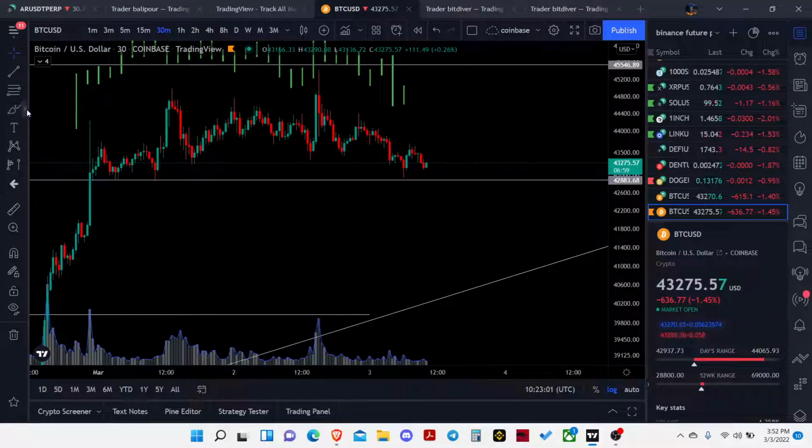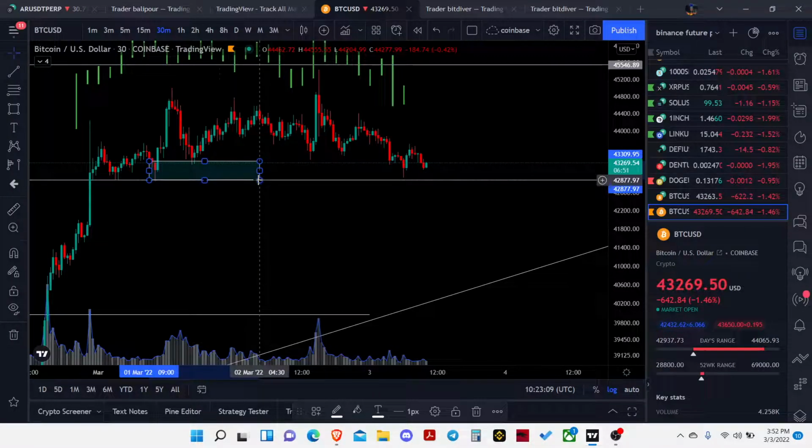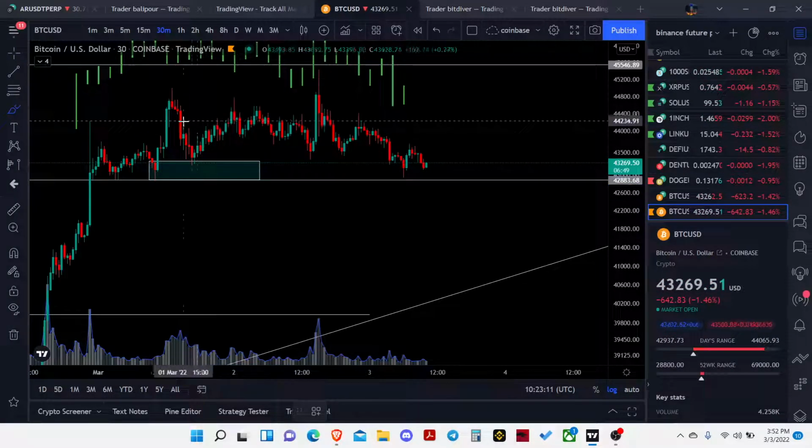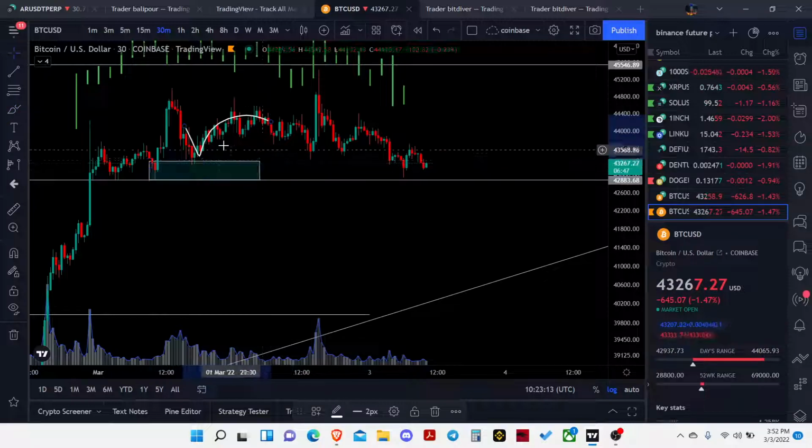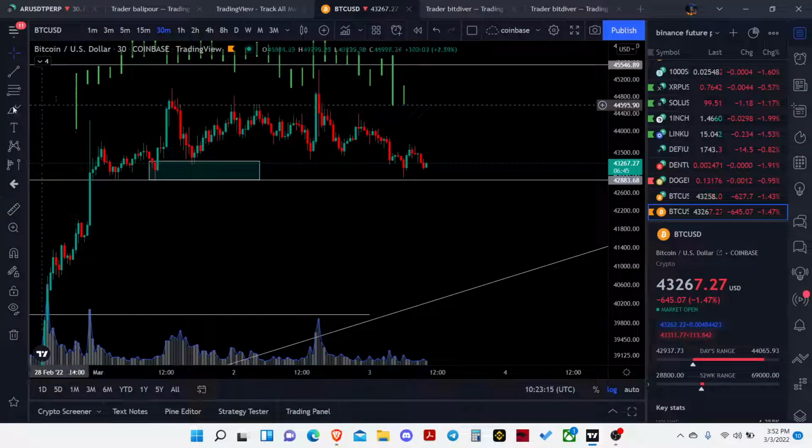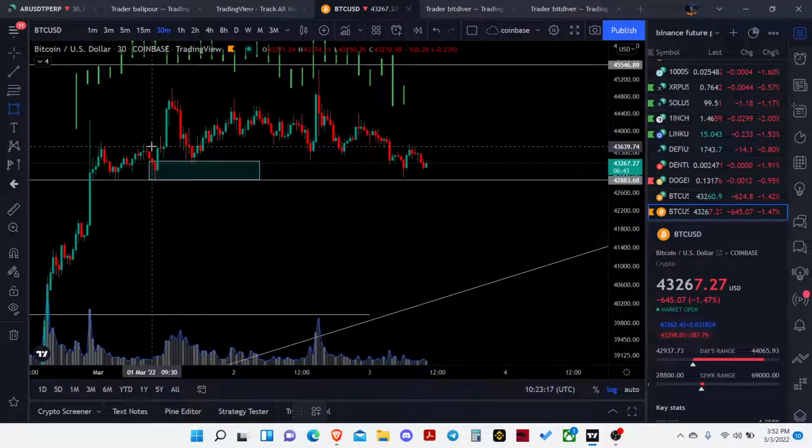This was an order block which was tested the first time. Or we can consider this a supply zone, and price came to this and bounced back. And the second time, this supply zone turns into this.